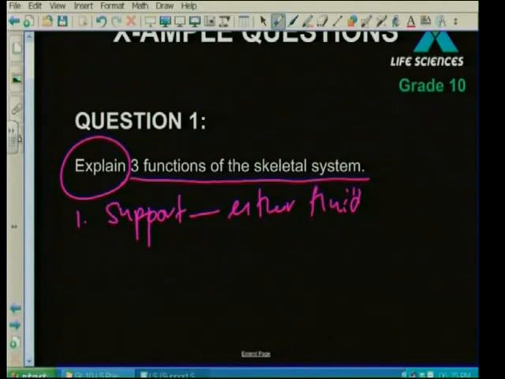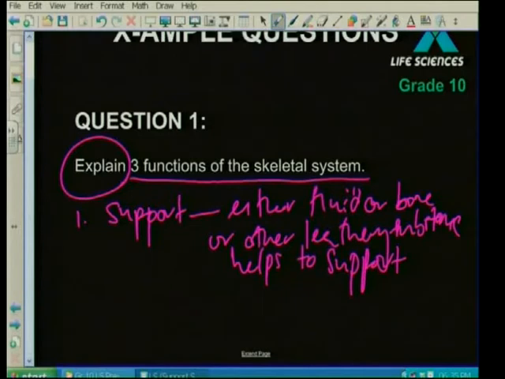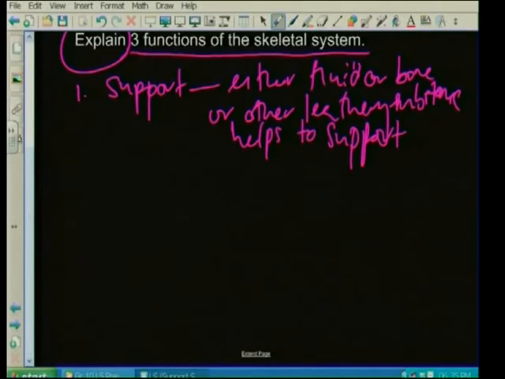Either the fluid or the bone or other leathery substance helps to support the body. 2, locomotion.